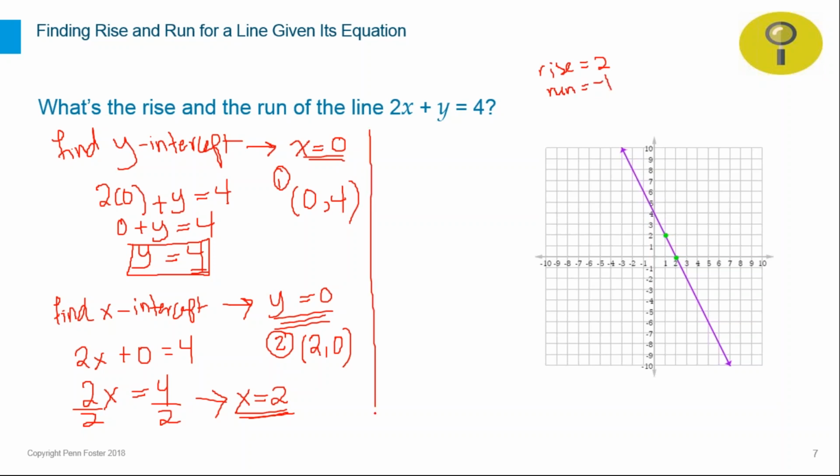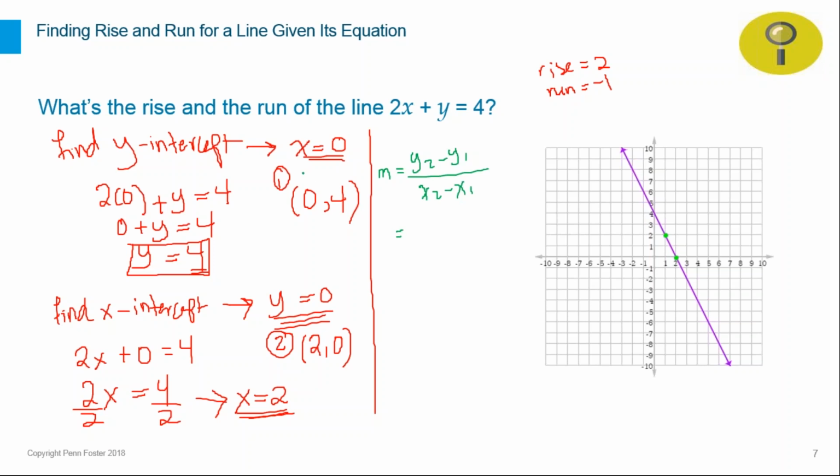Or another method is to use the formula, which is m equals (y2 minus y1) over (x2 minus x1). Let's label the points.